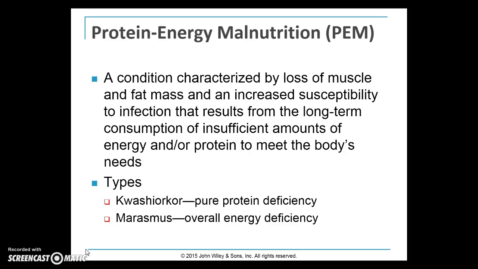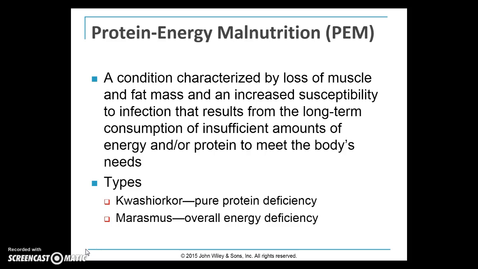Let's first talk about protein energy malnutrition. This is a condition characterized by loss of muscle mass and fat mass, and this increases susceptibility to infection. It results from the long-term consumption of either insufficient amounts of energy or insufficient amounts of protein, or both.